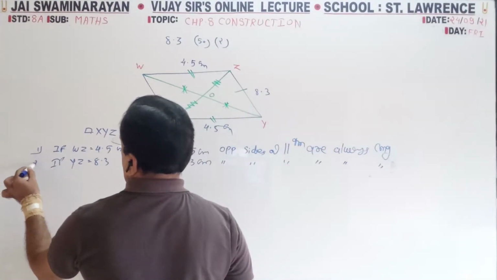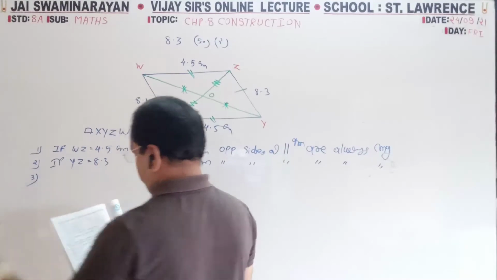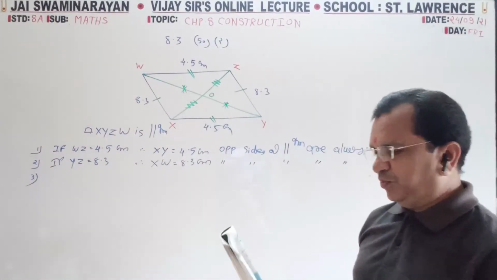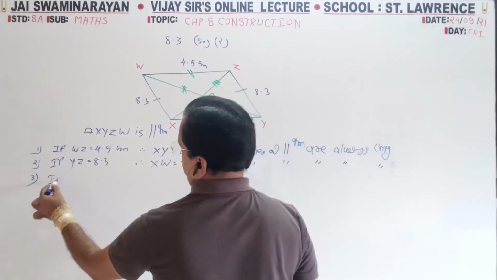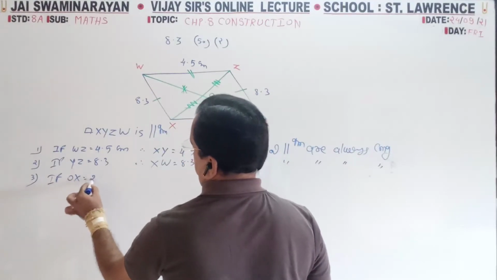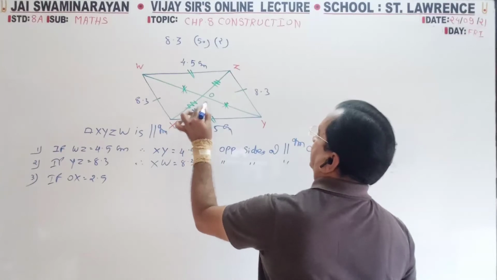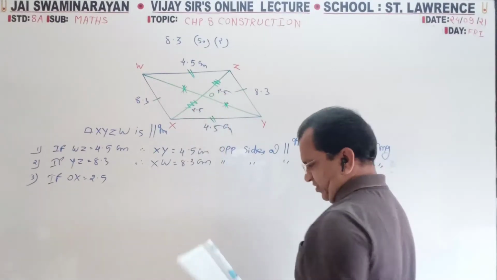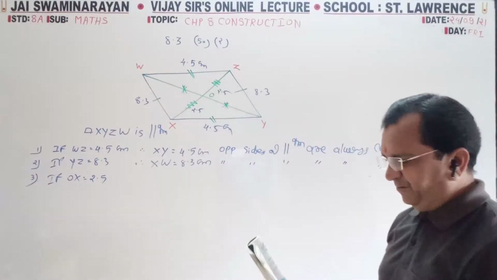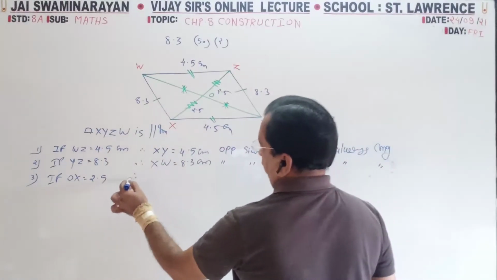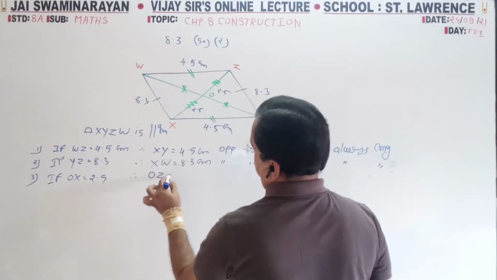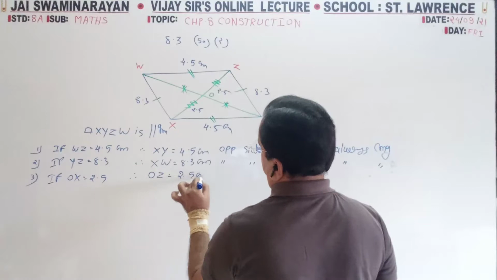First answer, second answer, third answer. OX is 2.5. This is also 2.5. Therefore, OZ is equal to 2.5 centimeter.